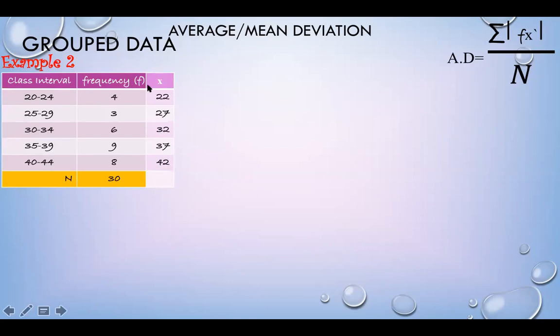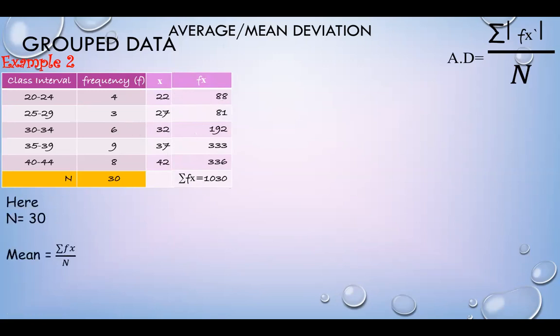Then for the mean, we should have the summation of fx, that means frequency multiplied by midpoint. Here I will calculate the summation of fx first: 4 into 22, 3 into 27, 6 into 32, 9 into 37, and I have to sum this column for the mean, so it comes out to be 1030.